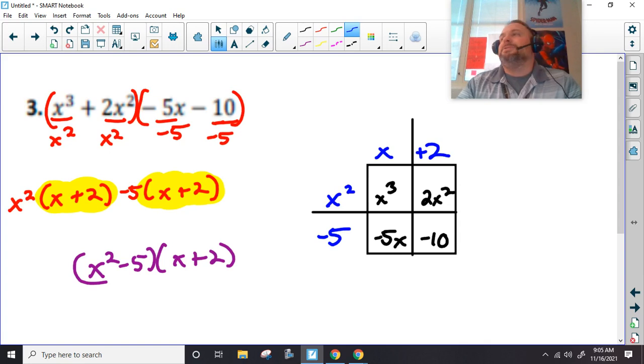So here's the thing with having multiple methods. There is not a way that I can have everybody doing the same method and it all be okay.